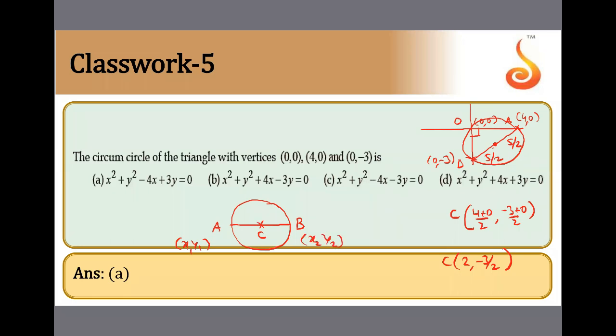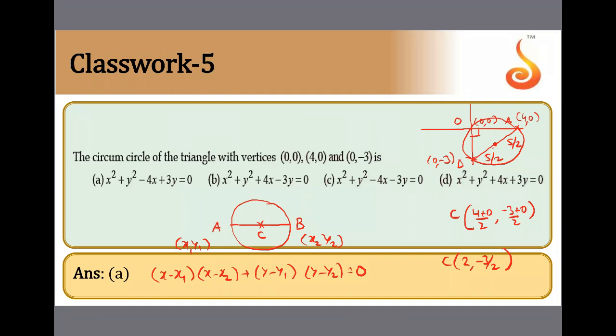Equation of a circle where A and B are extremities of diameter will be x minus x1 into x minus x2 plus y minus y1 into y minus y2 is equal to 0.